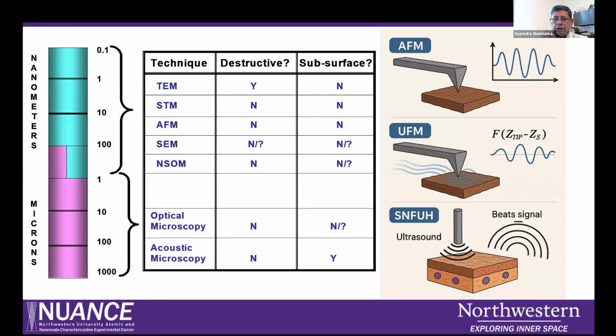On the right side, you can see the three techniques I mostly speak about. The normal AFM, I will touch base on it, so I just give you a little introduction. And there's the ultrasonic force microscope that we developed back in 2002.